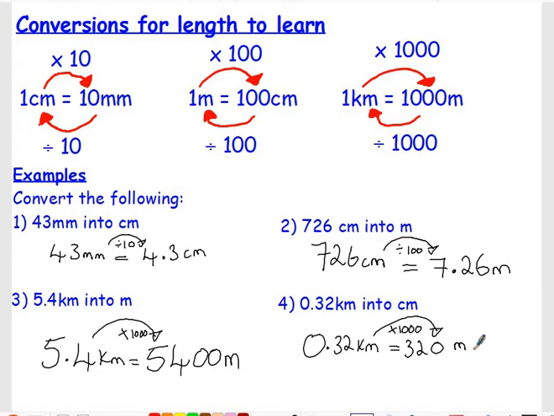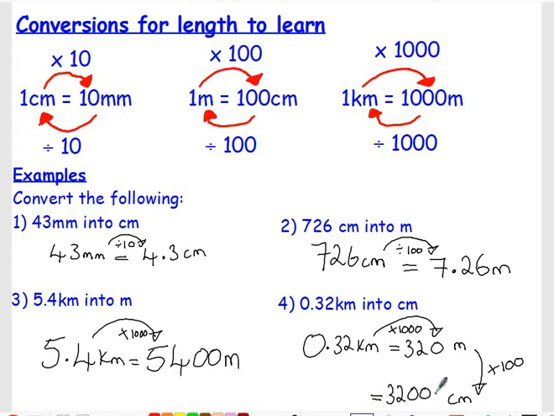But our question asks us to convert it into centimetres. Well, to get from metres to centimetres, we need to times by 100. When we times by 100, each digit moves 2 places to the left, or in this case, it may look like we've added 2 zeros.